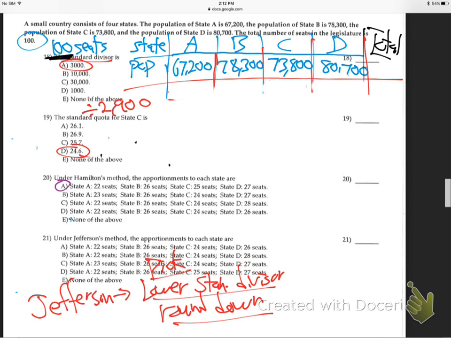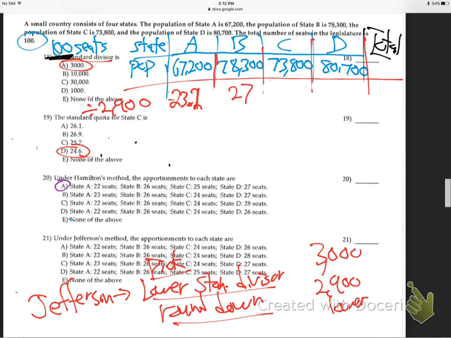So the standard divisor, remember, is 3,000. So 2,900 is a little lower. What am I going to do? I'm going to divide all those populations now by 2,900 and round all the answers down. So I get 23.1 or so. Round it down. 78,300 divided by 2,900, I'm getting 27, right in the money.